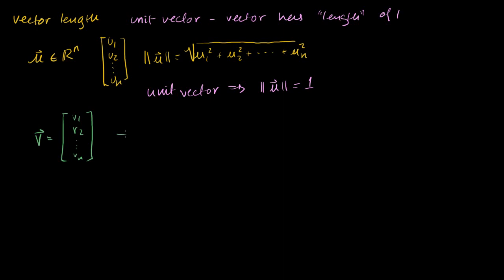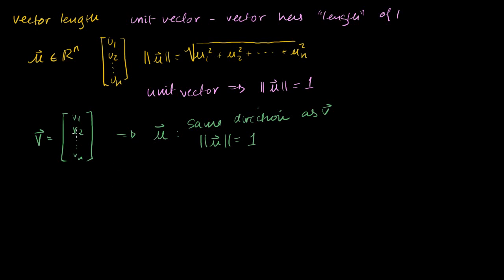And I want to turn it into some vector u that is a unit vector that just goes in the same direction as v, but the length of u is going to be equal to 1. How do I construct this vector u here?